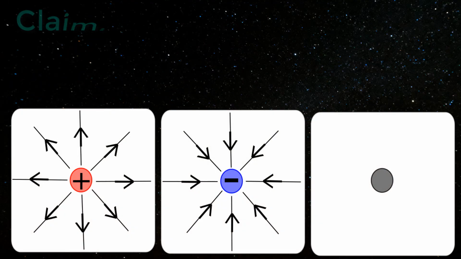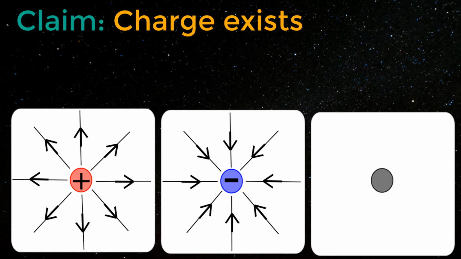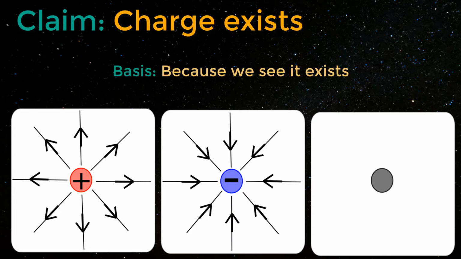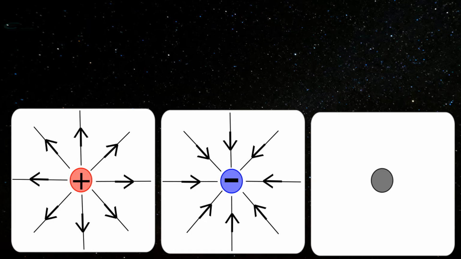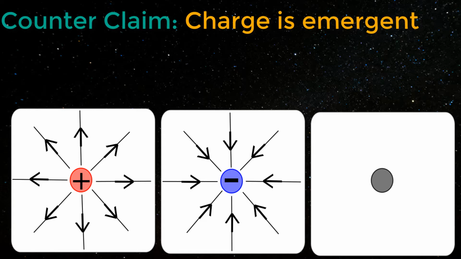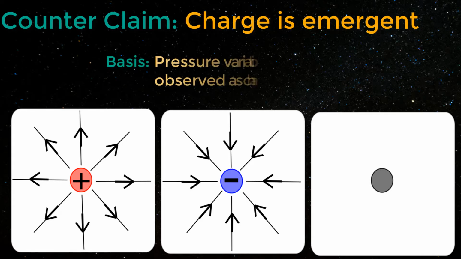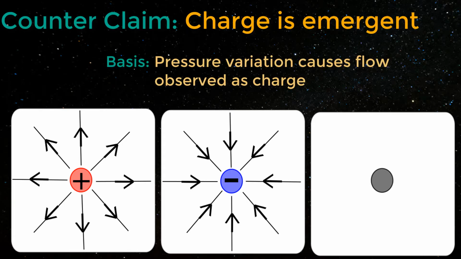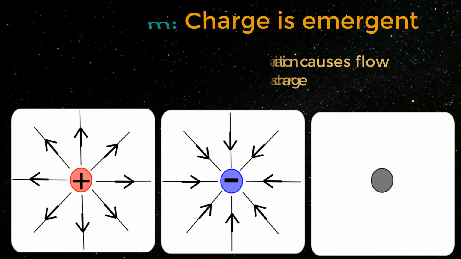If we just claim that charge exists, then we provide no actual explanation for its existence besides that it exists. If we consider it to be the result of another trait, pressure, then we can further understand the actual mechanics of what is occurring to create the observation of charge.